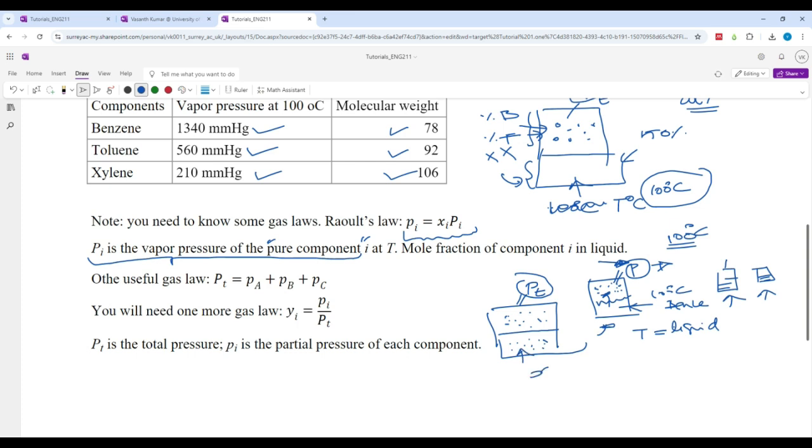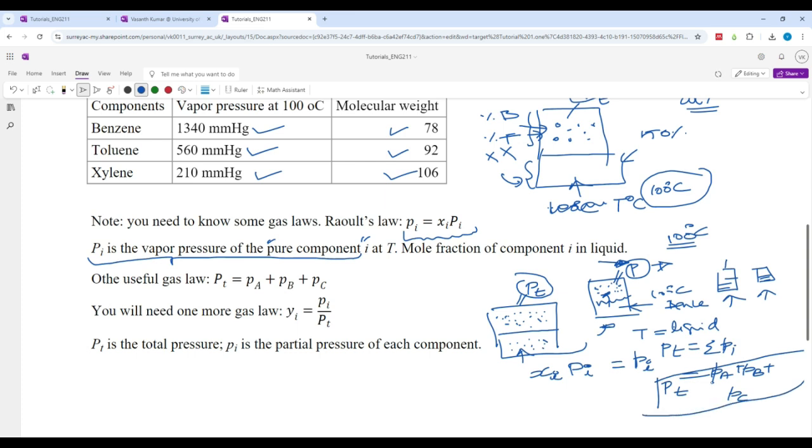If we know the mole fraction of component i, and if we know the vapor pressure of that component i, then we can calculate the partial pressure of that component. So what is P_T? P_T is the sum of all the partial pressures, am I right? So the sum of p_i should be equal to p_A plus p_B plus p_C.